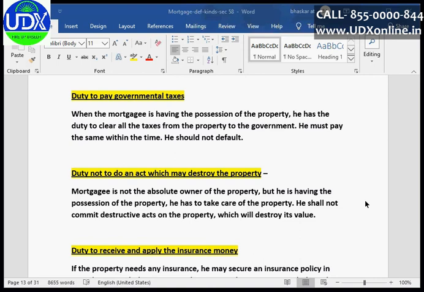The mortgagee may take care of that property, but some mortgagees who are having a sadistic thinking, a mind of destruction, such persons may try to destroy that property.